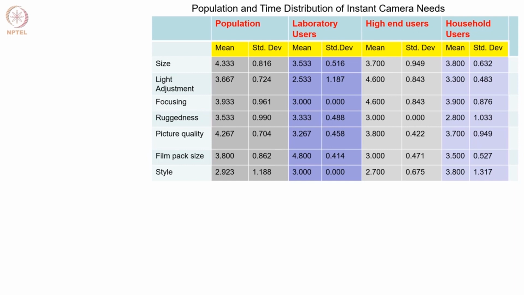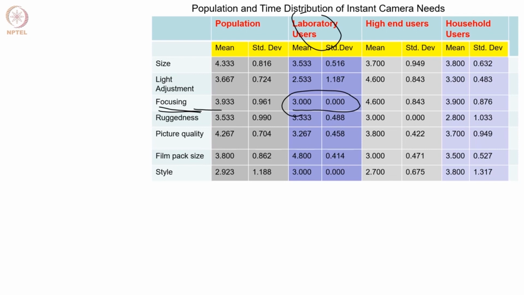I will not be going through all these requirements, we will take 1 or 2 requirements and see how to analyze this. So, for example, look at the focusing. You can see that for the laboratory users, that is segment 1, their requirement is 3 and 0, that is, the mean is 3 and the standard deviation is 0.